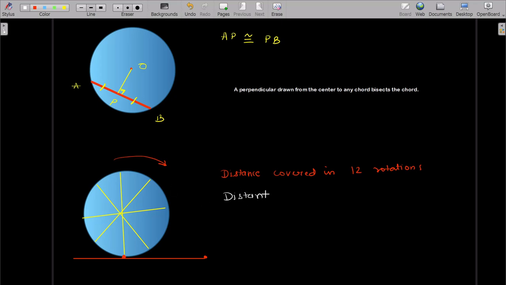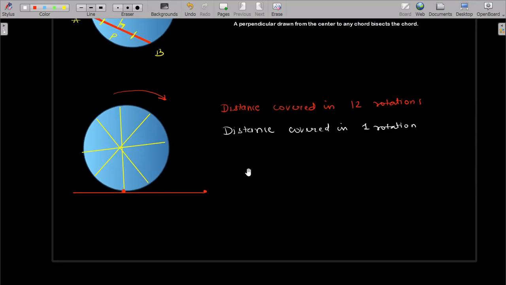Like half. Half of? Half of the entire circle. Mm, no, like it starts from here and it completes a full rotation. One full rotation. So like this point is touching, and then after one rotation again this point will be touching the ground.